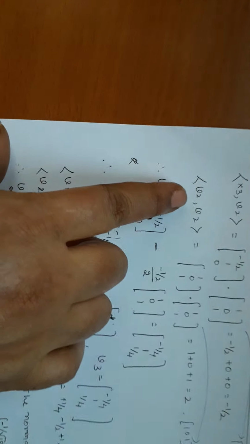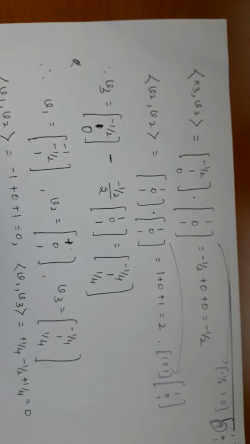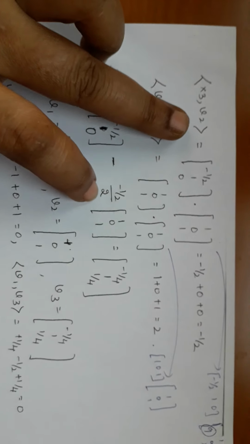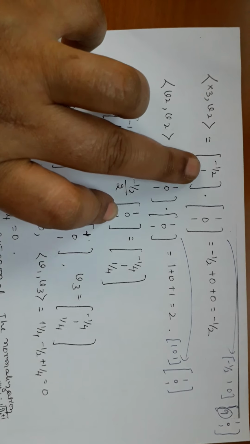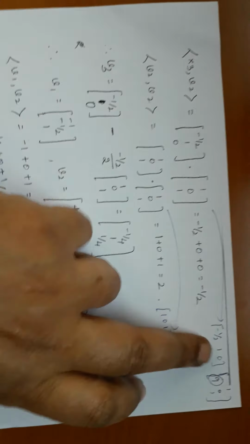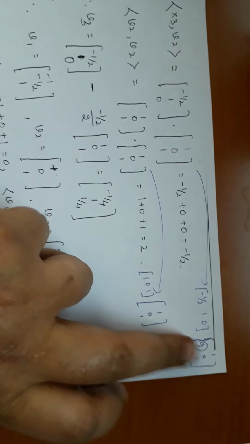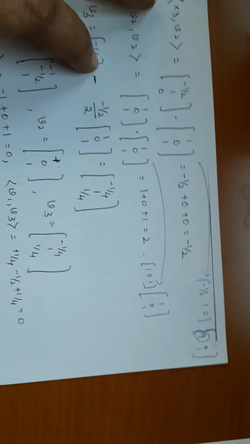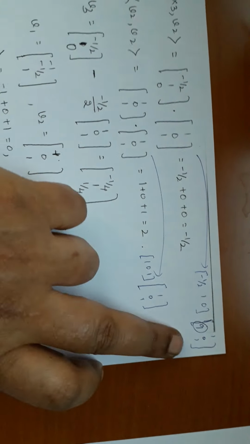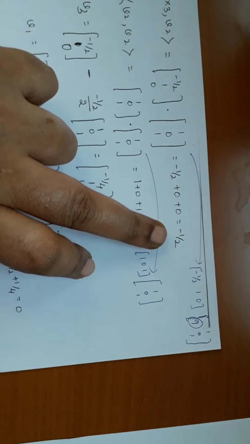What values are required now? Inner product of x3 comma V2 is required. Therefore, I wrote that here in the right extreme corner: x3 transpose into V2. Multiply that, we get minus of.